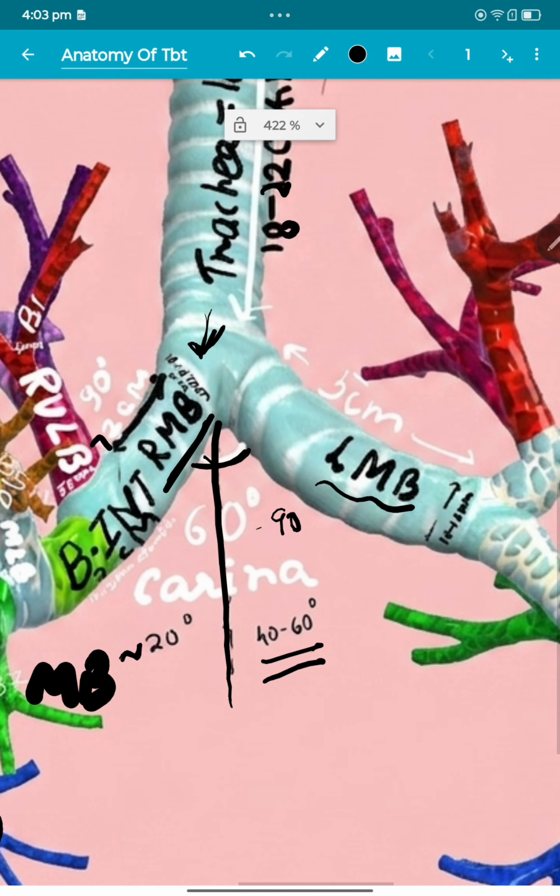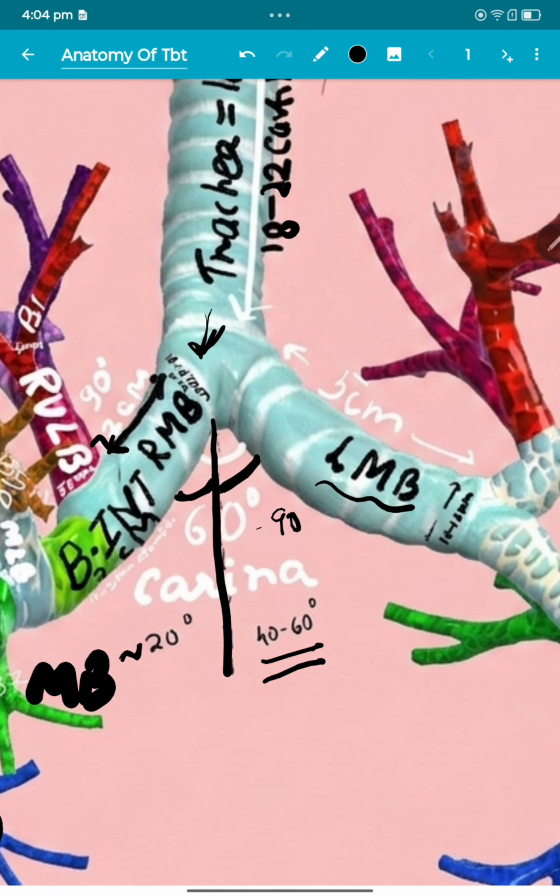These things you should always remember, because there are various pathologies that happen in the lung because of these angles and variations. From the midline, this angle is approximately 20 to 30, and this is 40 to 60 degrees. This is the carinal angle.